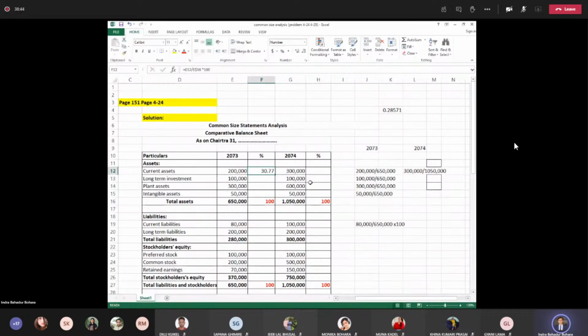Similarly, you calculate the percentage of long-term investment: 1 lakh rupees divided by 6,50,000 is 15.38%, and 3 lakh divided by 6,50,000 is 46.15%, and 50,000 divided by 6,50,000 is 7.69%, and the sum is 100.